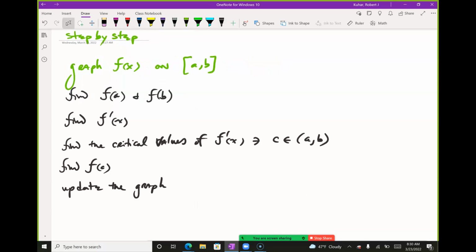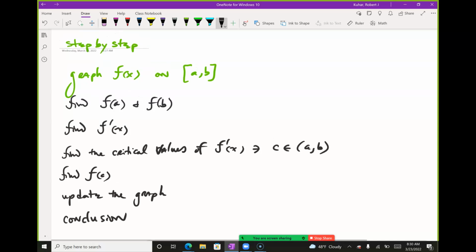And then finally make a conclusion. So f of a equals -7 is the minimum. f of c is 32. That's your maximum, etc., etc. Right?